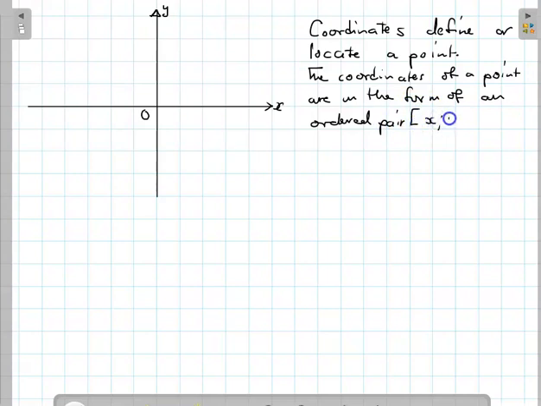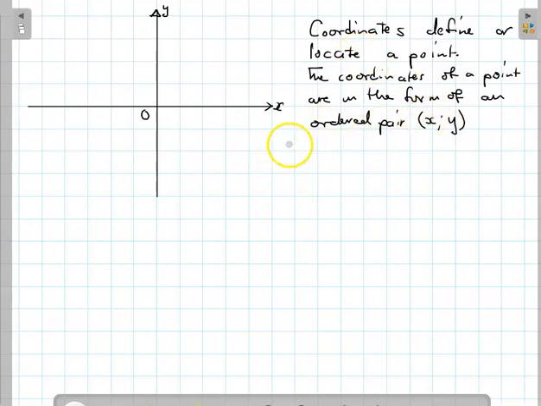Some people just put a comma here, and me, I prefer to put a semicolon. I don't know why, but it works for me. And these brackets are not box brackets, they are regular parentheses. So that's what coordinates are.